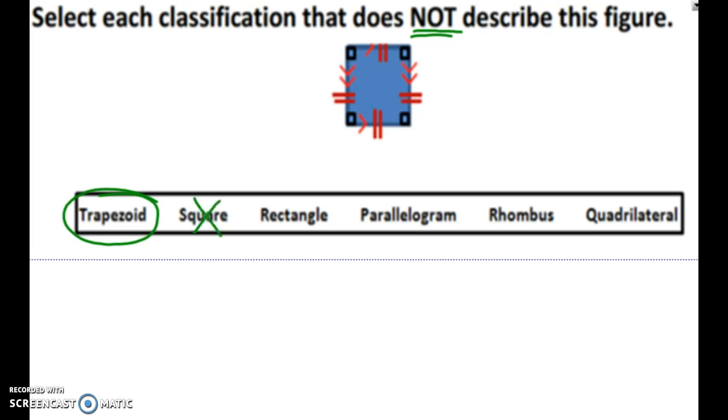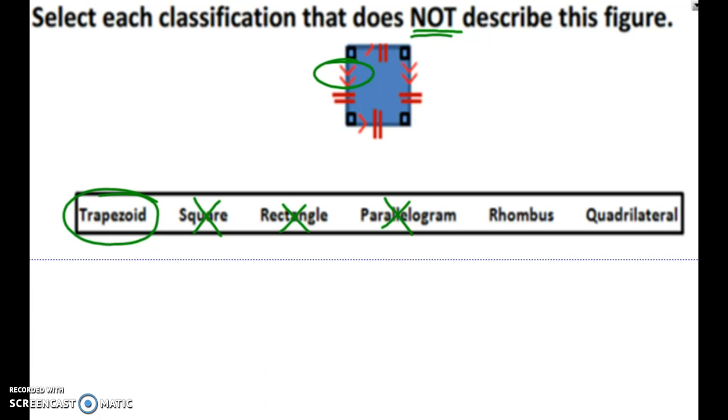For a rectangle, we answered the right angles. Does it have opposite sides that are equal? Yes. Does it have two sets of parallel sides for it to be a parallelogram? Yes, I can tell because of the arrows. A rhombus.